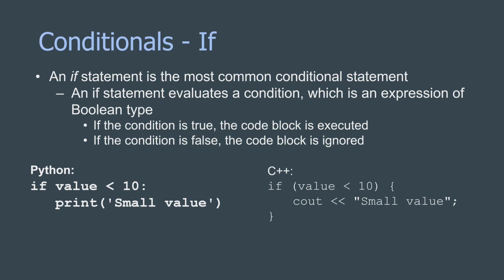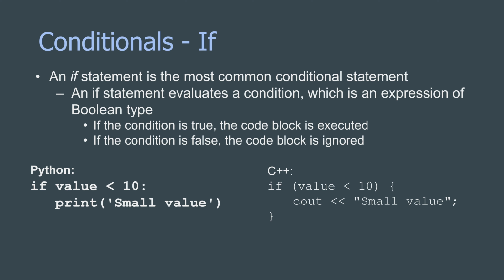In Python, we do not use curly brackets, and it's not required that we use brackets around the condition either. So even though this basically does the same thing that the C++ code does, one exception here is that the Python program will print small value with a new line at the end because it automatically adds a new line when you have a print statement. Whereas in C++ that's not true, so there's a slight difference there, but otherwise these programs are exactly the same.